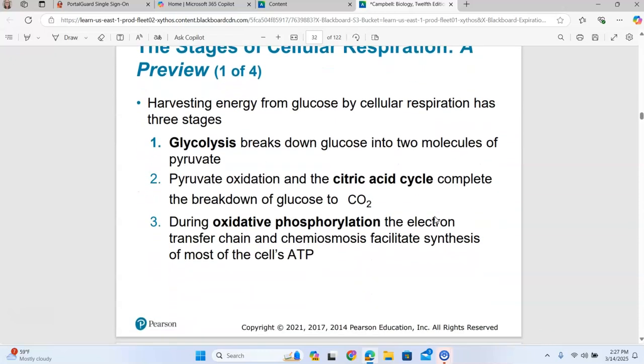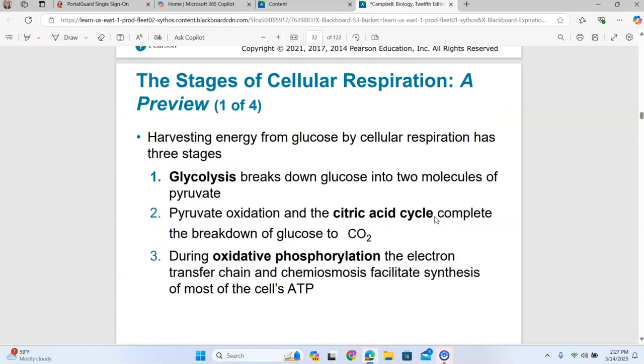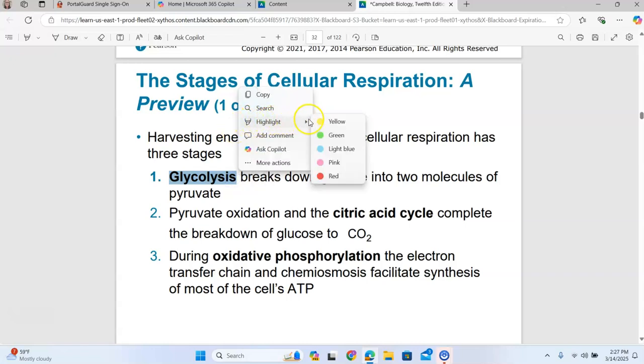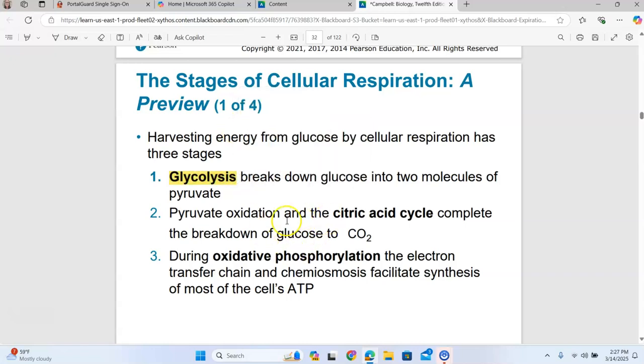All right, so I'm just going to name the stages of cellular respiration, and then we'll come back and start with slide 32 in the next recording. So cellular respiration is broken down into, it says here 3 stages. I always teach it 4, but it's glycolysis, that's the first stage. And then I always teach pyruvate oxidation as one step, but here it's taught along with the citric acid cycle.